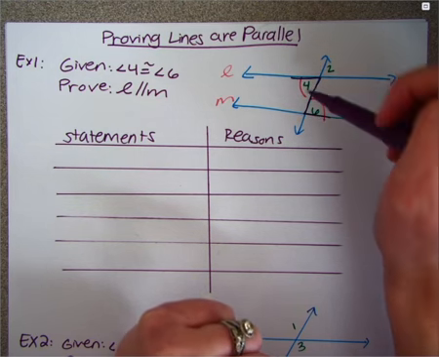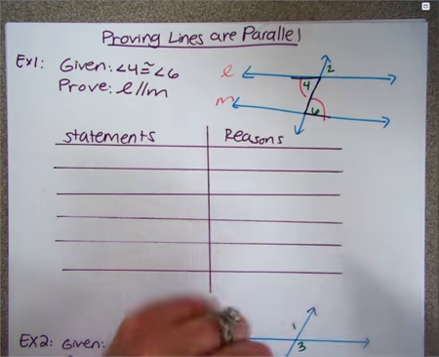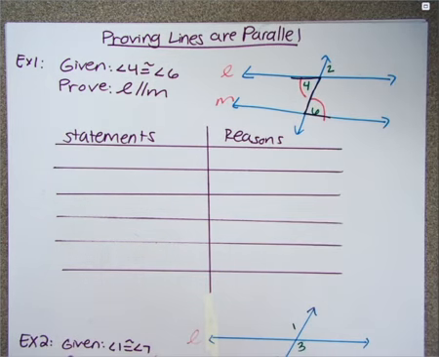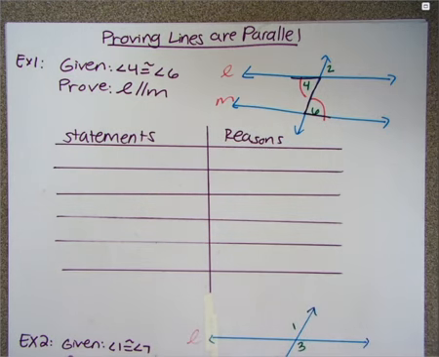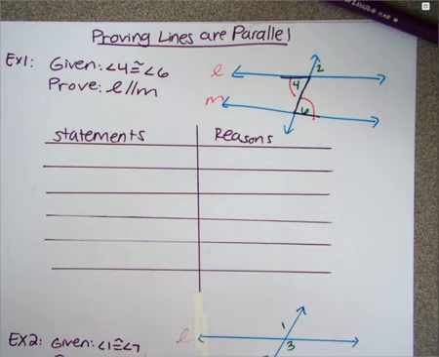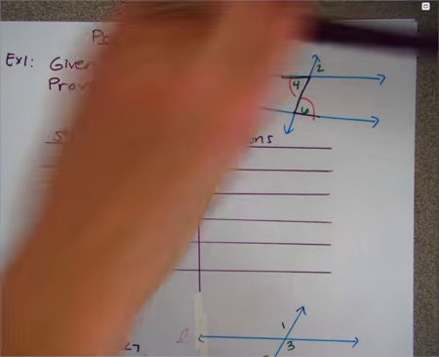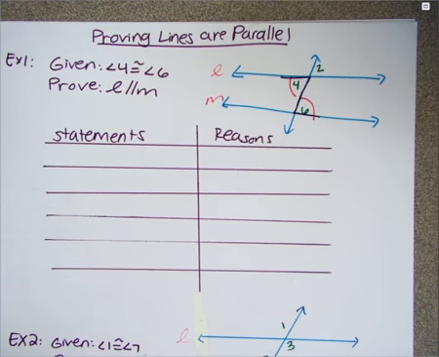Since I'm given that, that means we are proving the converse of the alternate interior angle theorem, which means I cannot use that theorem. I can't say, oh, well, lines are parallel because alternate interior angles are congruent, I'm done. Nope. Sorry, you cannot use the theorem that you're trying to prove within the proof. So I have to show that one of those other angle pairs, one of those properties, will hold.